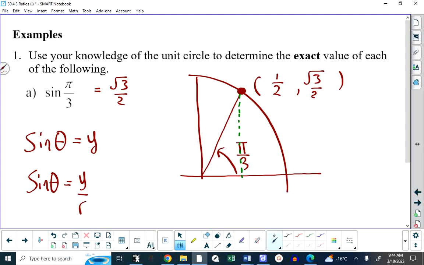If you had your calculator in radian mode and you took the sine of pi over 3, you would get a decimal approximation to root 3 over 2. Does anybody remember what that number is about? .866. And that might be helpful later because if you see that number, you might go, oh, right, it's root 3 over 2.